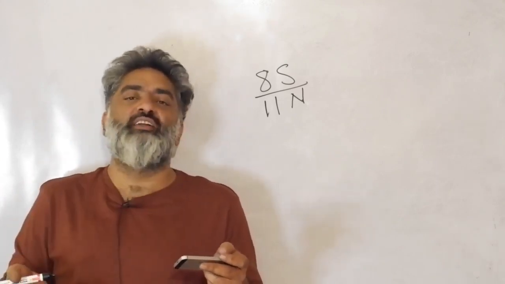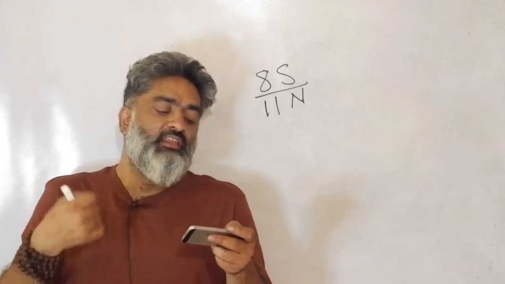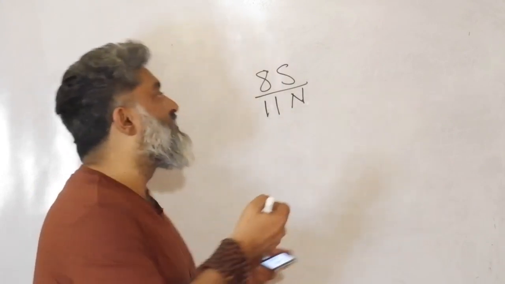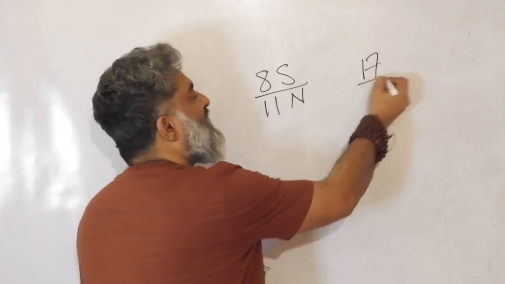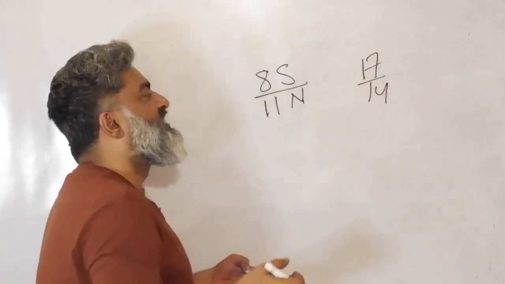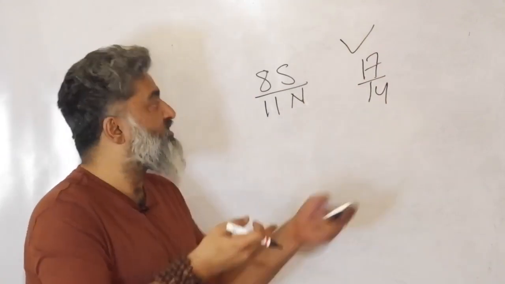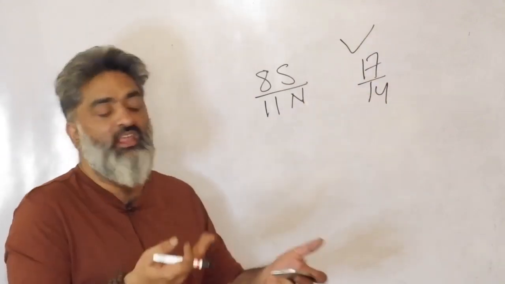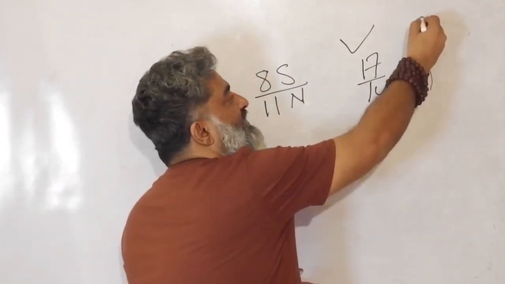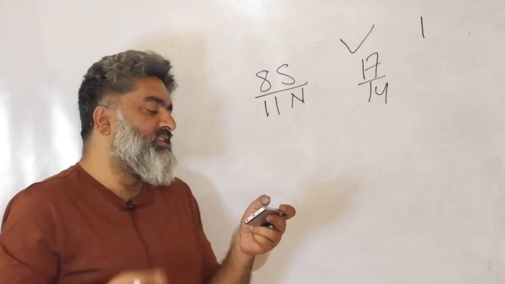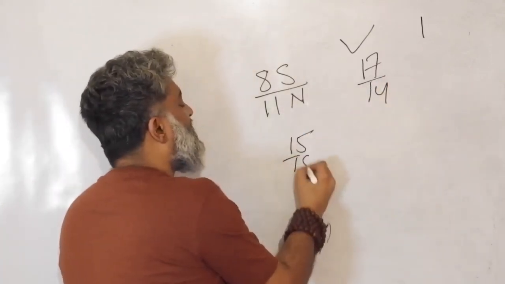But I will have to look at the average price of all the other players. So let's do that very, very quickly. The first one is IBM, and it is going to be 17 by 14. This time I'm not even going to write this S by N, because finally my task is just this. This is definitely higher than the Acer price, because this is more than 1, this is less than 1. I can do a very basic calculation and move on. So IBM, that means so far I have 1. Then I look at Dell, and for Dell the same information is 15 by 18.